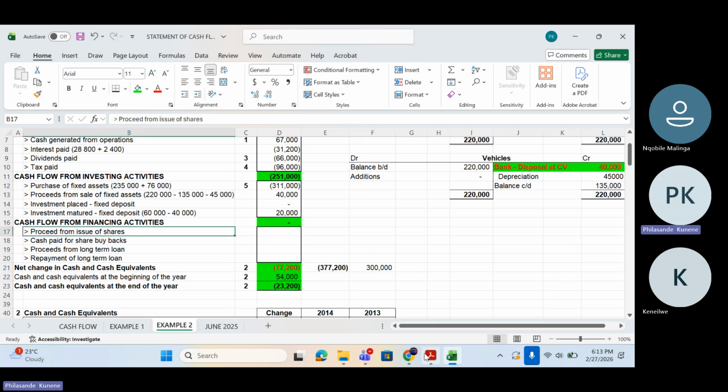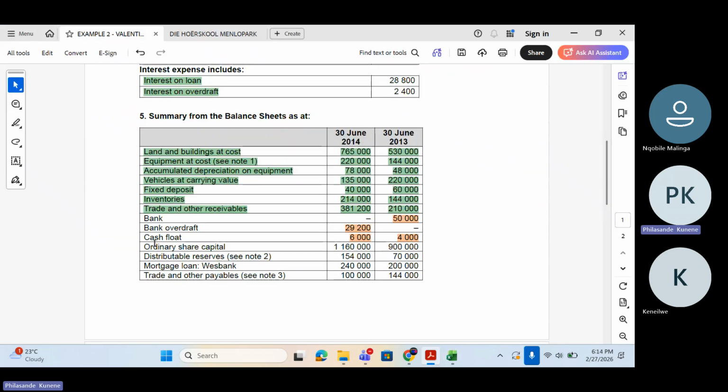Proceeds from shares issued. What happened there? There it is here. Ordinary share capital. How much do we have there? You can see that our ordinary share capital moved from 900,000 to 1,160,000. Is this an inflow of cash or an outflow of cash? Are we getting an inflow or outflow? Inflow.